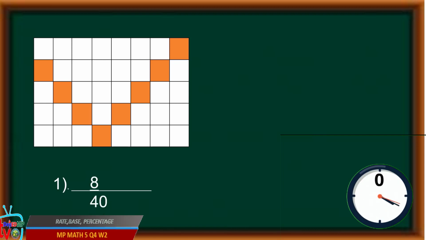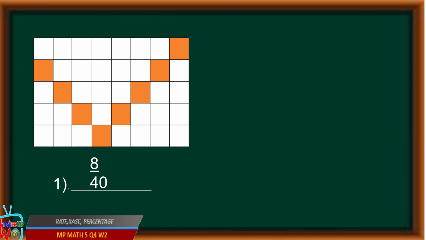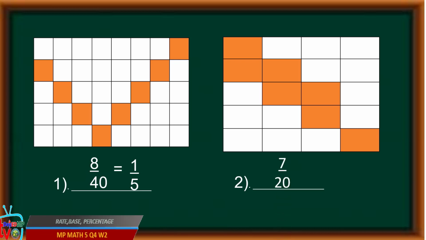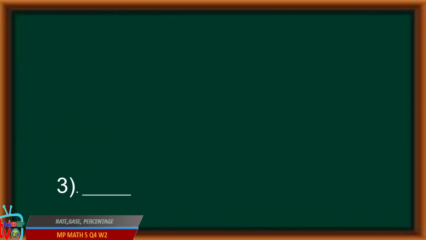The correct answer is 8 over 40. Reduce it to its simplest form, making it 1/5. Number 2. The correct answer is 7 over 20. Number 3.